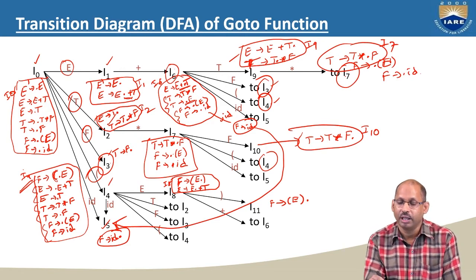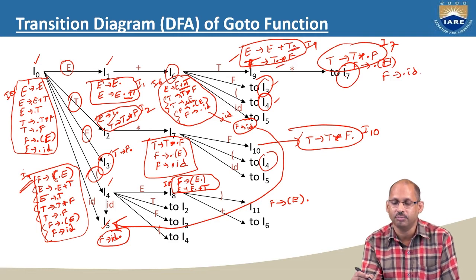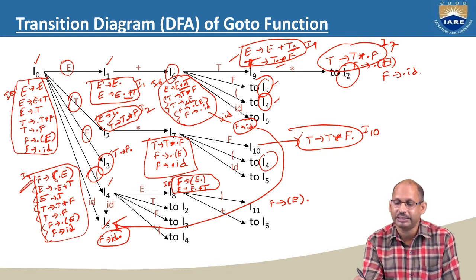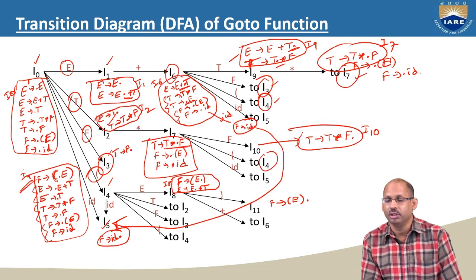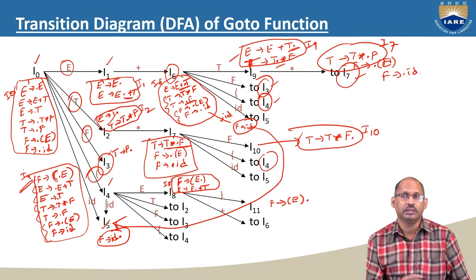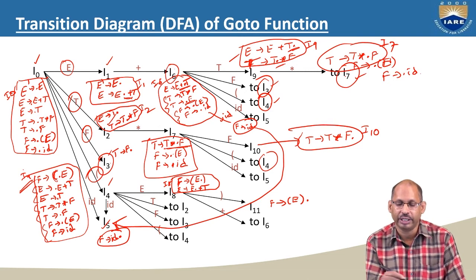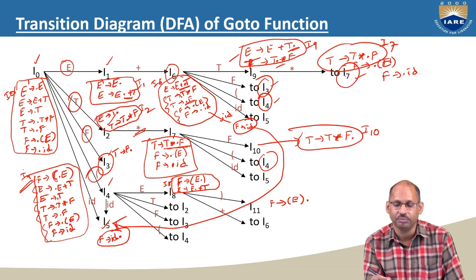Then I9, dot before multiplication. On multiplication, T → T * . F will be the same as I7, because we are getting the same closure set. Then these are already included. Then I2, the dot followed by multiplication, so on multiplication it gives I7.